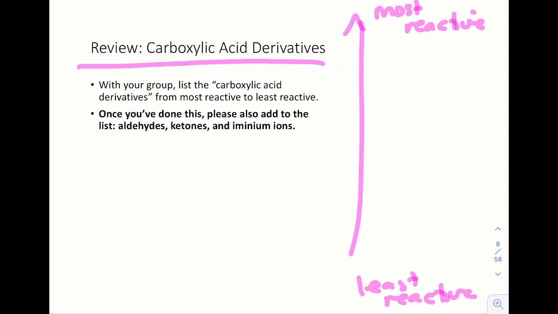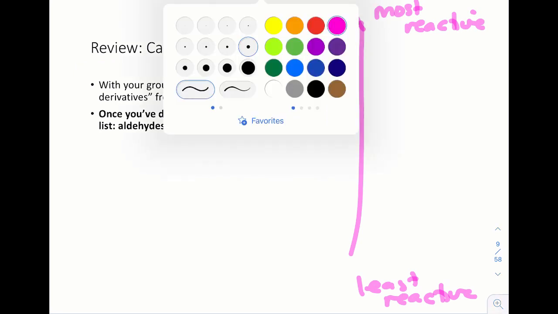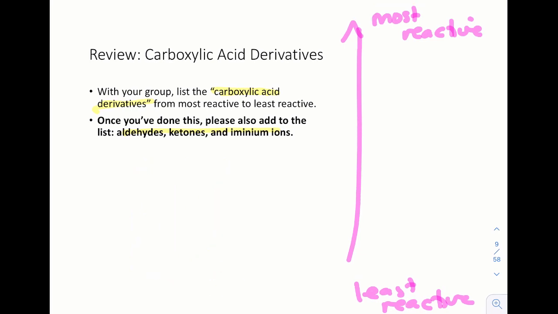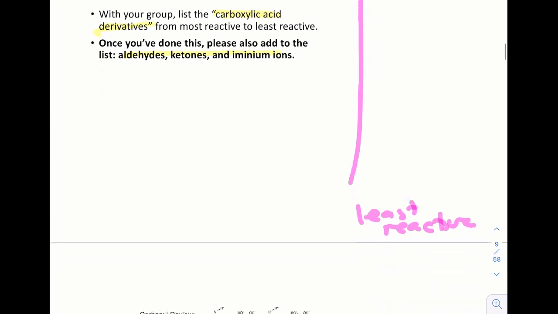Once you have put all of the carboxylic acid derivatives that you know on this ladder, on this chart, you should add aldehydes, ketones, and aminium ions. How does their relative reactivity relate to carboxylic acid derivatives? Pause and try. Please be sure that you've written something down. We will be coming back to this in just a bit.